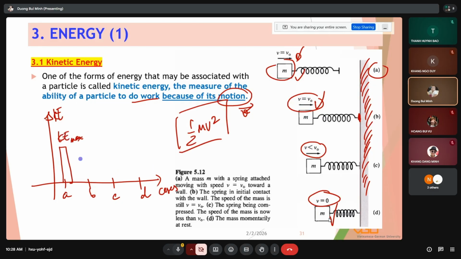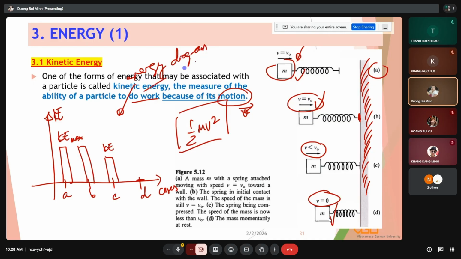For case C, kinetic energy gradually reduces, so you get somewhere here. And here velocity is 0, so kinetic energy is 0.